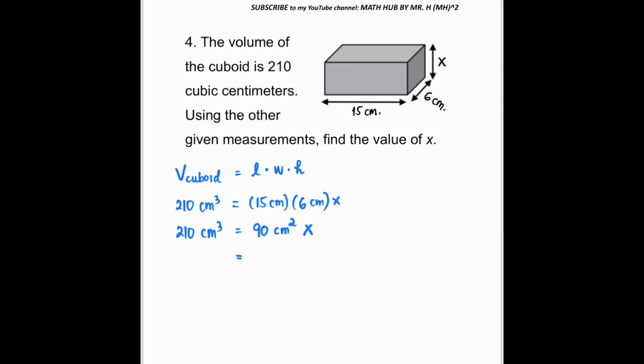So if we want to solve for x from this stage, we just simply need to divide both sides by 90 centimeters squared. 90 centimeters squared divided by 90 centimeters squared will be 1. So it's going to be 1x or x. So 210 centimeters cubed divided by 90 centimeters squared.